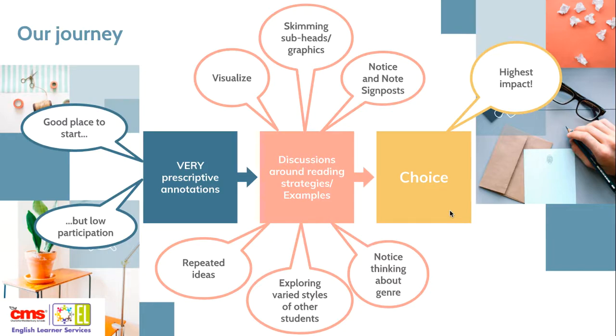When we turned around that second semester, after giving them the ability to choose different annotation strategies, we had anywhere from 85 to 90% of kids in each class annotating. And again, they knew that it wasn't going to count, but because of these discussions and conversations, they now understood the intrinsic value of those annotations in helping them with the test.